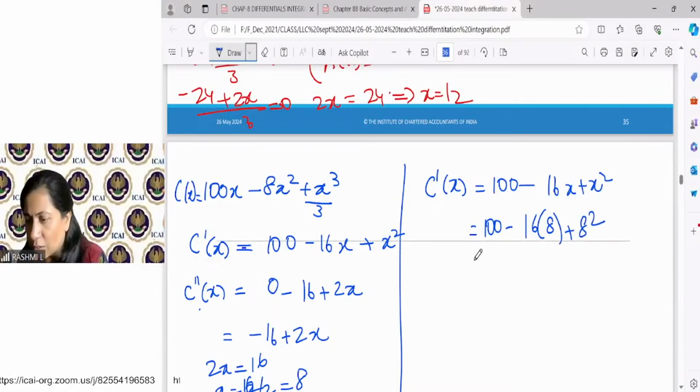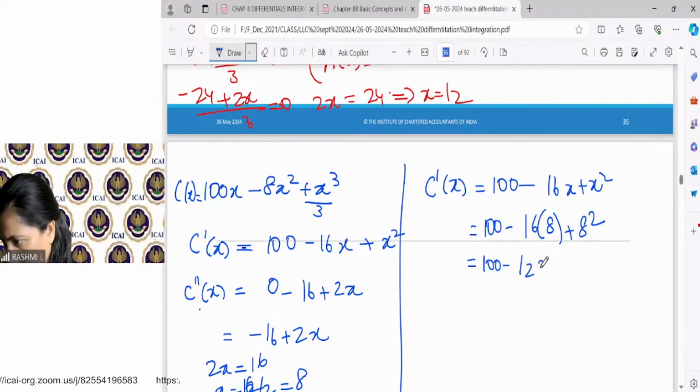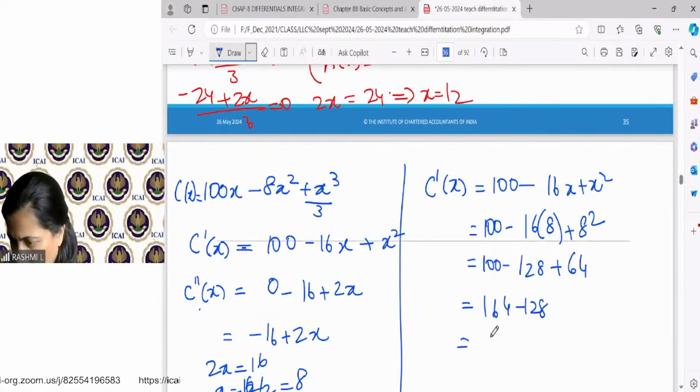So this is 100 minus 128 plus 64. So this is equal to 164 minus 128, which is equal to 36, which is greater than 0.